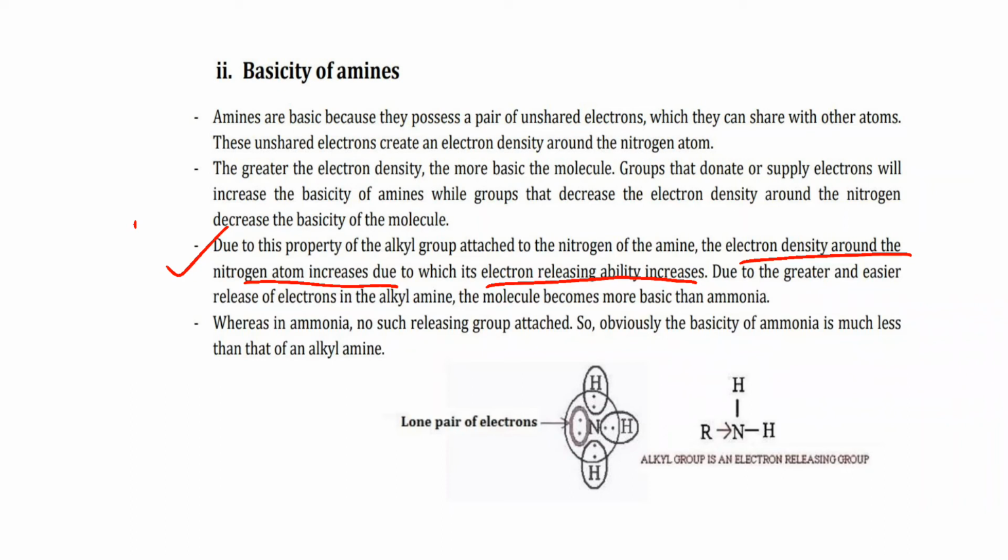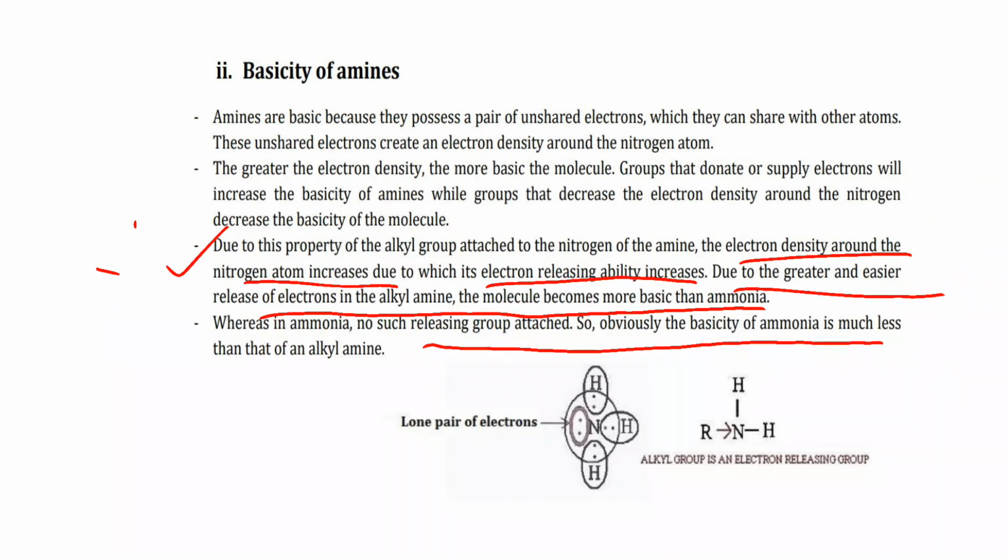Due to the greater and easier release of electrons in alkyl amines, the molecule becomes more basic than ammonia. In ammonia no such releasing group is attached, so obviously the basicity of ammonia is much less than that of an alkyl amine.